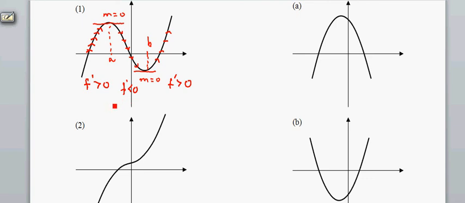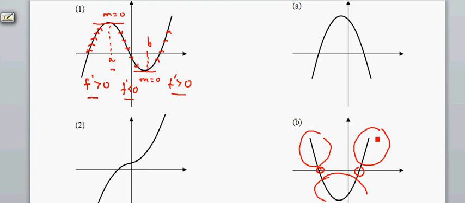So I'm looking for a graph over here where the y values are positive, then go to 0, then go negative, then go back to 0, then go positive. Positive to 0 to negative to 0 to back positive again. So this function and this function match up. This is the derivative of this.